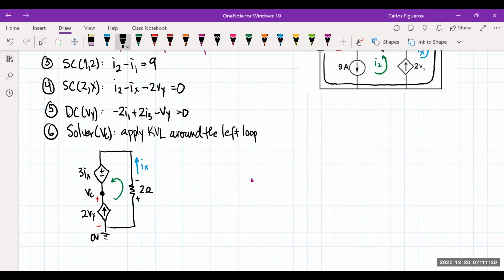So this guy has to be the voltage across the 2Vy. Starting at VC, I get VC minus 0. And then I come around and I get the 2Ix, and I keep continuing around and I get the positive 3Ix. And you could see that this is VC plus 5Ix, and that's equal to 0. That's my solver equation.